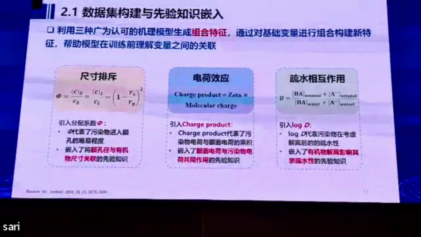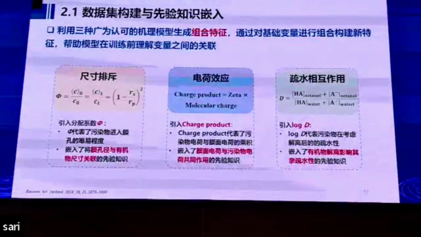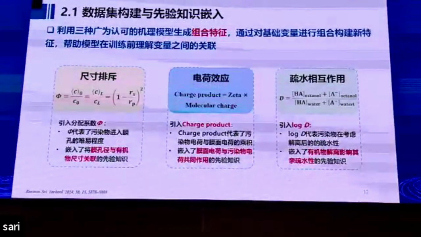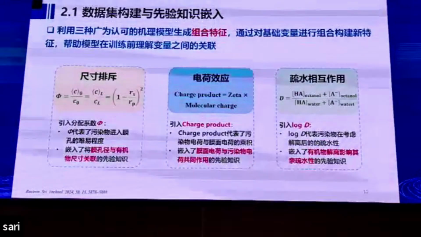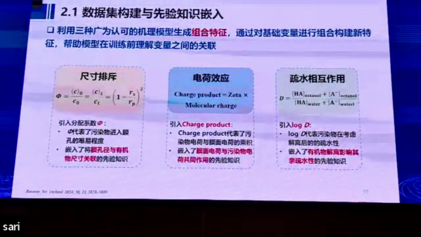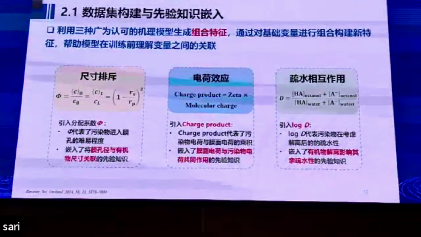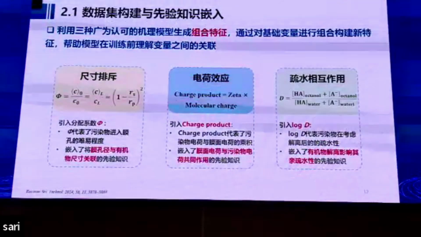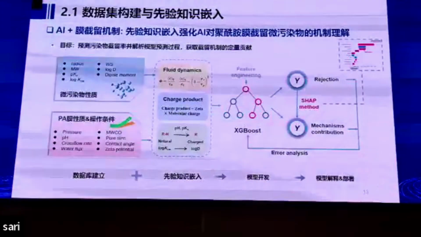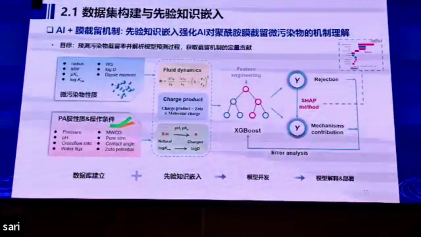The third is log D, so that the machine understands that the dissociation of micropollutants will also influence their hydrophobicity.